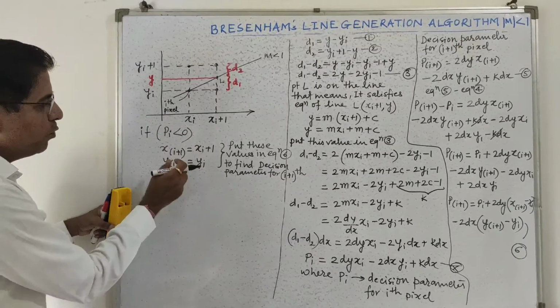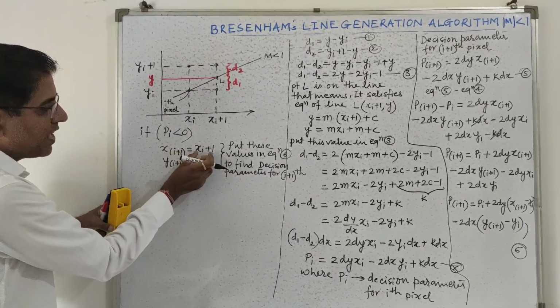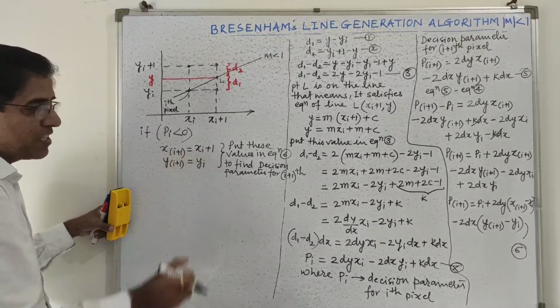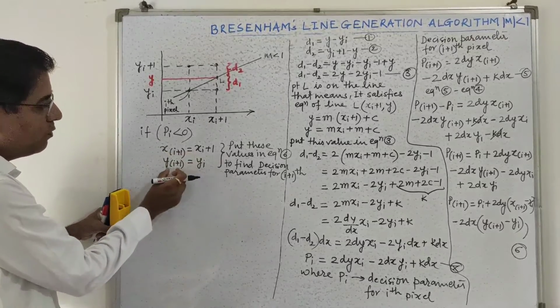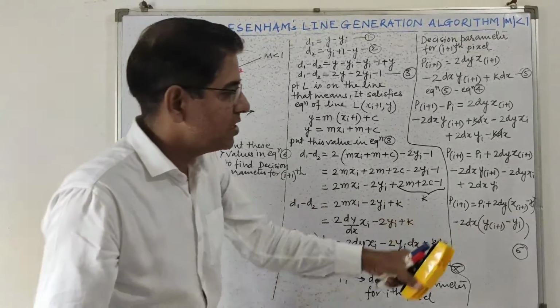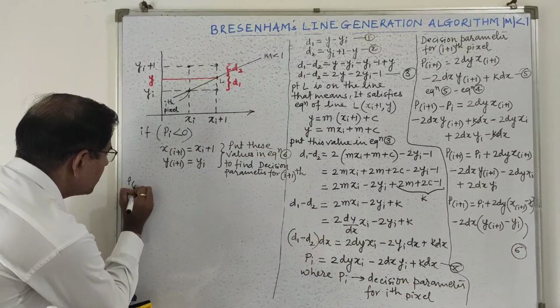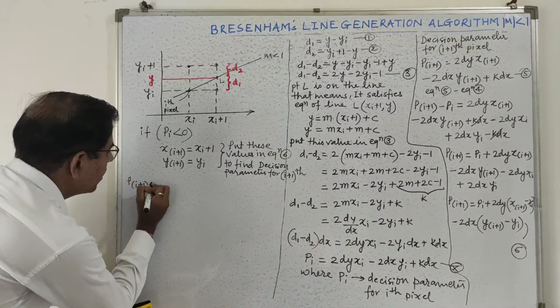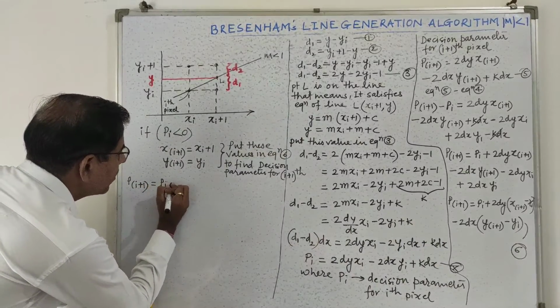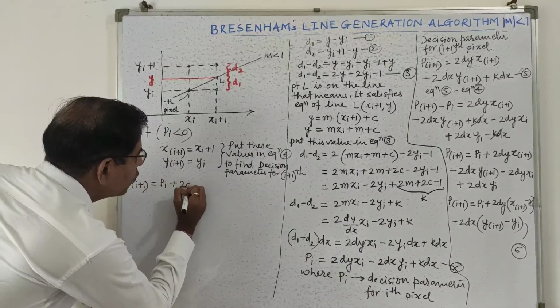Okay, so if you put xi plus 1 in place of xi plus 1 and yi in place of yi plus 1, then this equation 6 becomes, so this is pi plus 1 is equal to pi plus 2 dy.